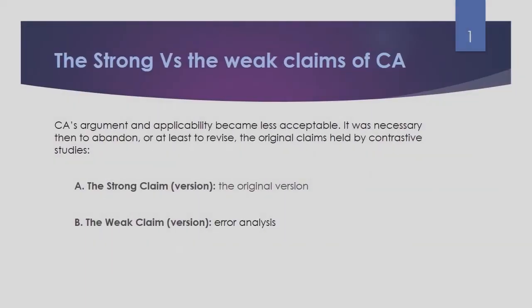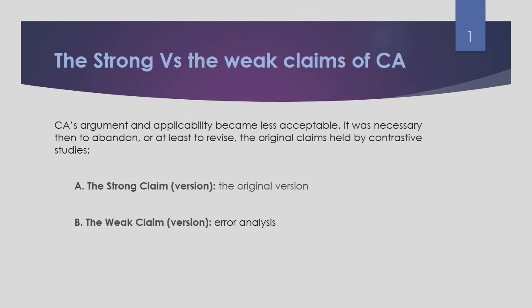The strong and the weak claims of contrastive analysis. A claim means a version of a theory. In any discipline, theories are founded, and when they receive some criticism, their founders find it necessary to make some slight modifications to their original claims.